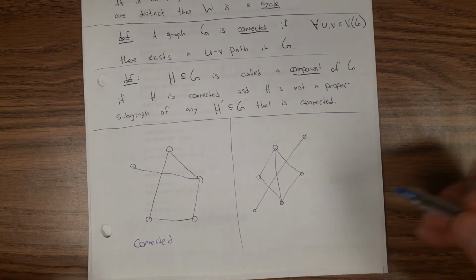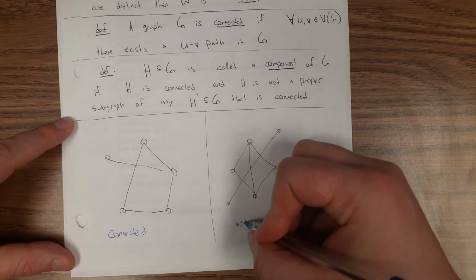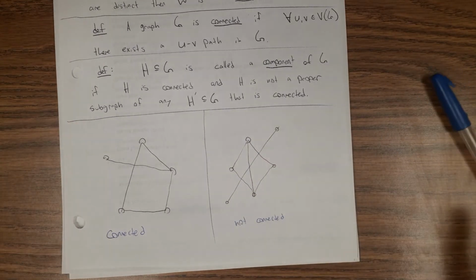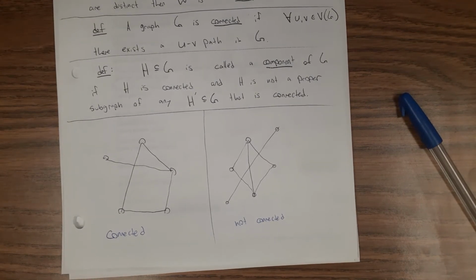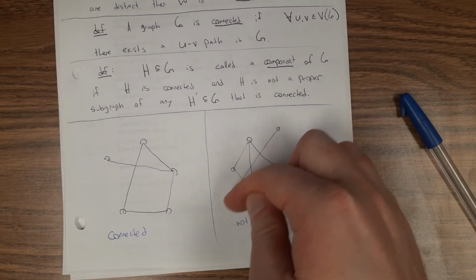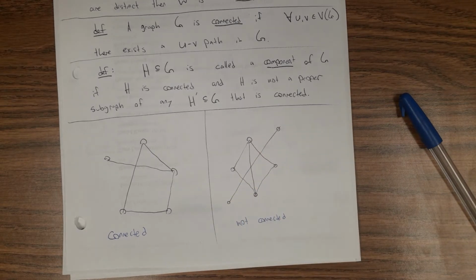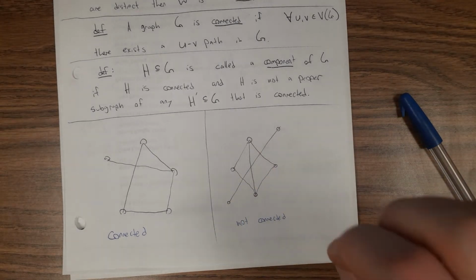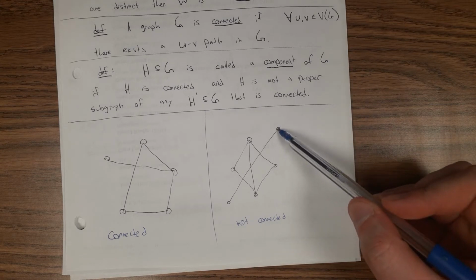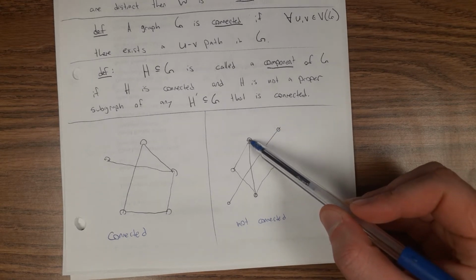This one is not connected. I purposefully drew it in a slightly deceiving way, although it probably doesn't trick anybody too much, but I drew it so that this edge is sort of going over this stuff. But if you think about it, for example, there's no way to get from this vertex to, say, this vertex.